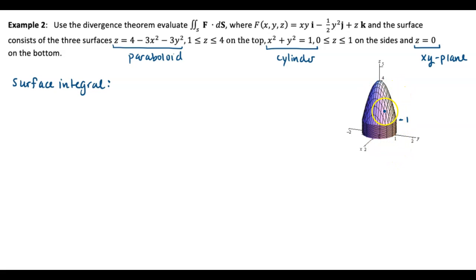We've got this paraboloid here, we've got this cylinder, and we've got this circle on the bottom. And so we would have the double integral of S1 plus the double integral of S2 plus the double integral of S3. We can see how difficult this would be to integrate. Really just kind of painstaking here.